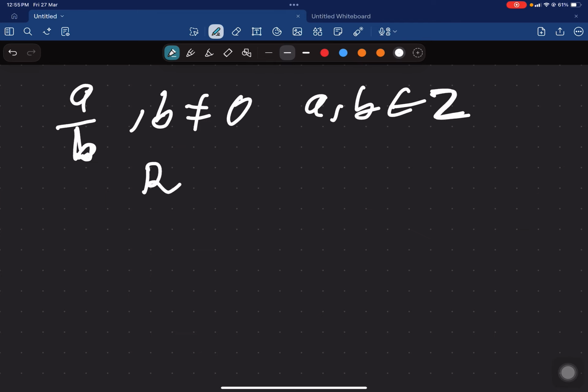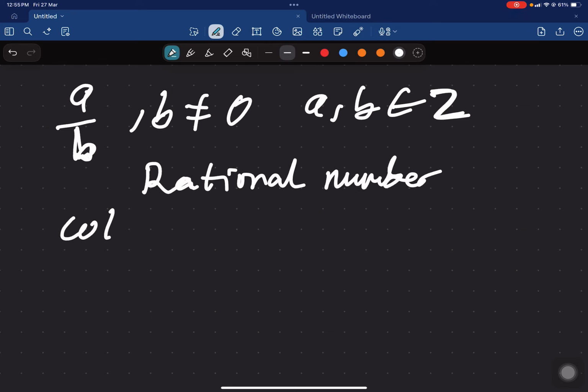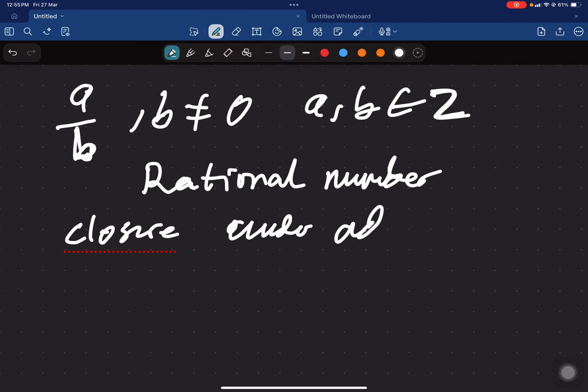Now when you have a rational number, the first thing, so the closure property under, okay, let's talk about addition. So under addition, what this simply means is that when you add two or more rational numbers, the result should be what? A rational number, and that's simply closure property.